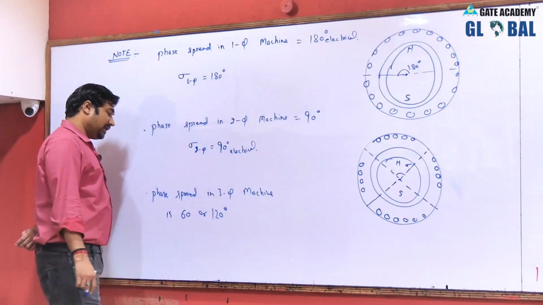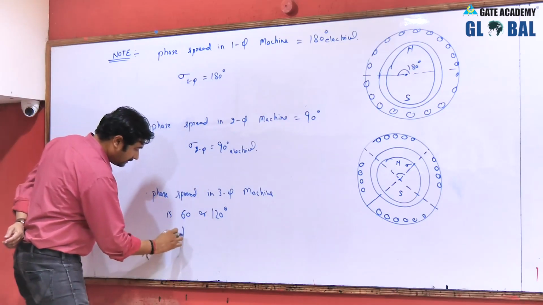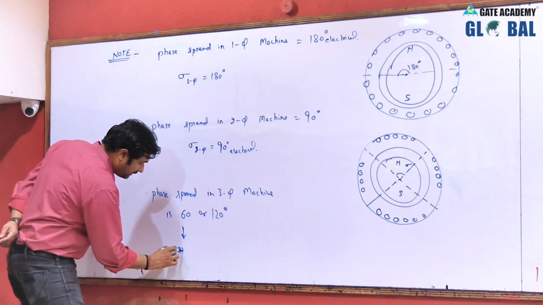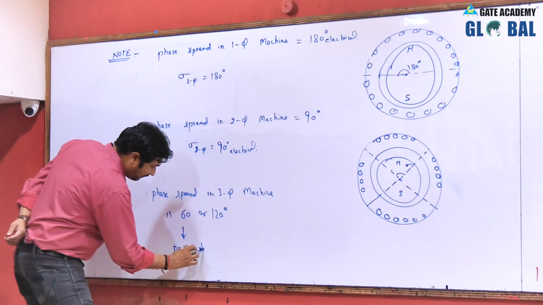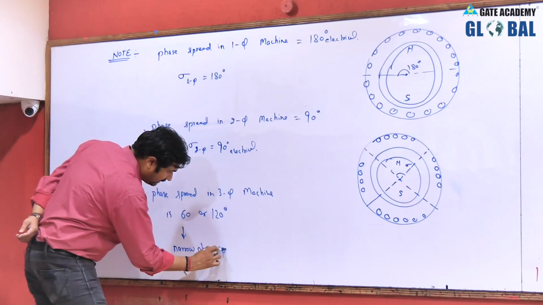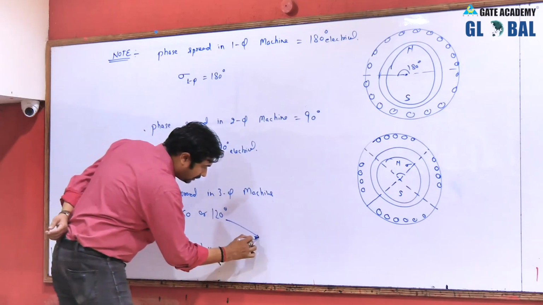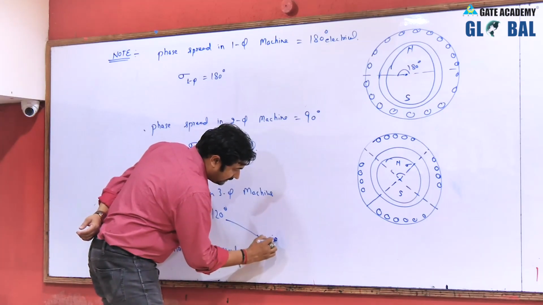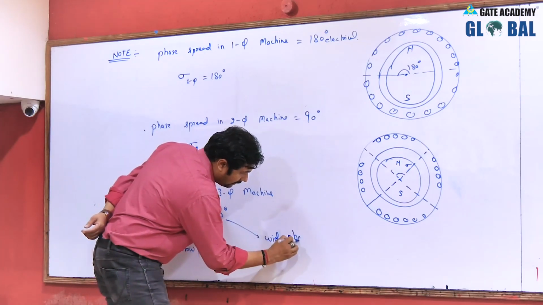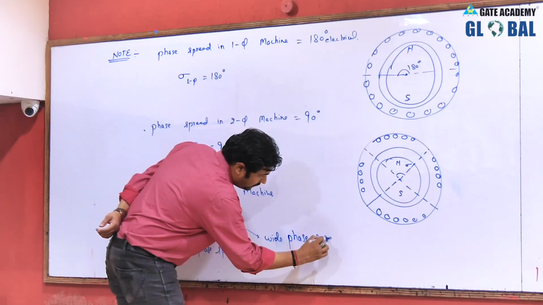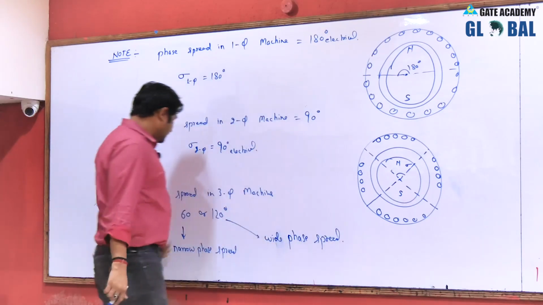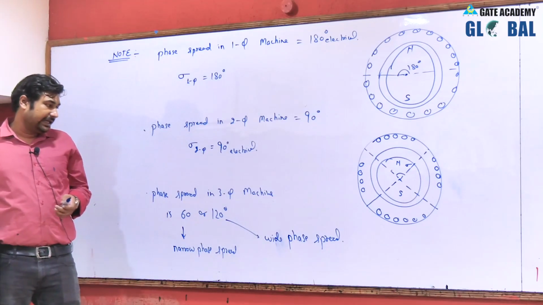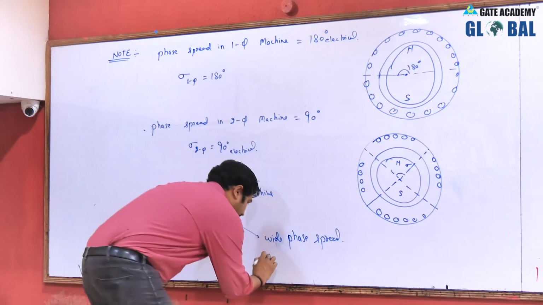The 60 degree phase spread is also called narrow phase spread, and 120 degree is also called wide phase spread. Okay, triplen harmonics will be avoided in case of wide spread. You can say in this case triplen harmonics are 0.